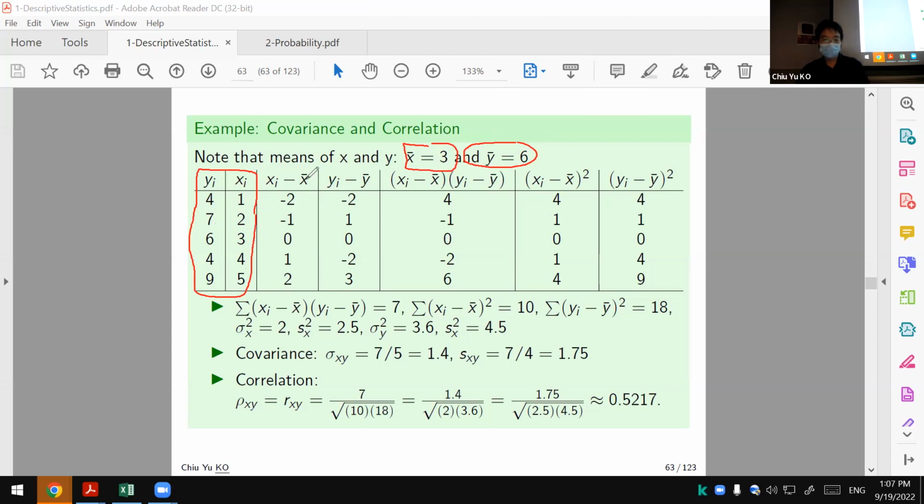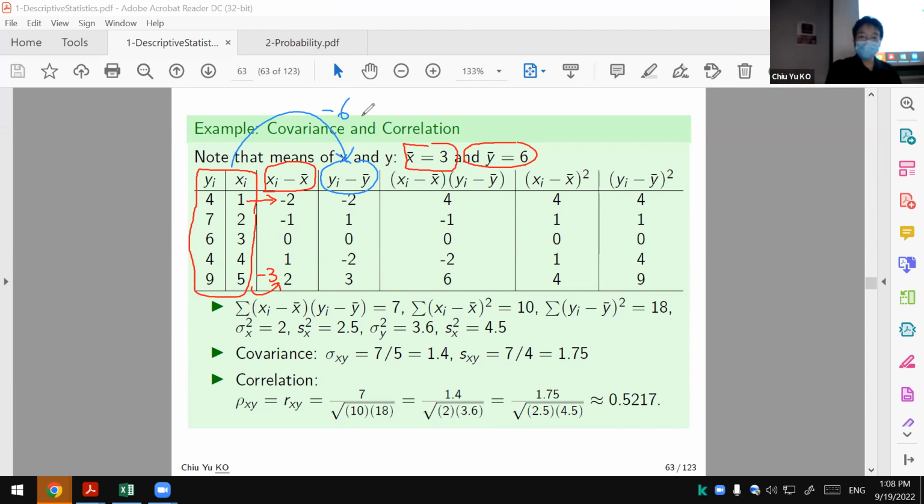Now for each data point, you subtract the mean. Every entry in this column minus 3. And in this column, minus 6, because that's the mean. 4 minus 6 is -2, 7 minus 6 is 1, and so on and so forth.